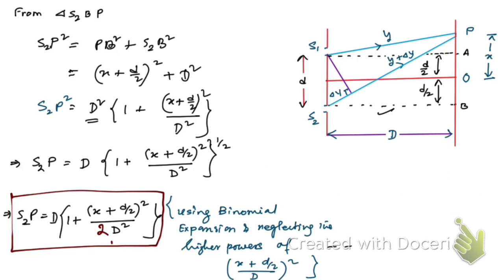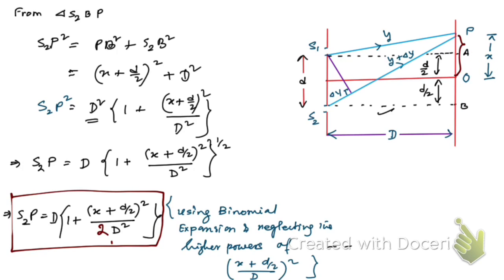Now you see, from this triangle S1PA, here you see this PA is equal to x minus d by 2. This part is x, and this part is d by 2. So this part must be x minus d by 2. Hope you have understood this, right?